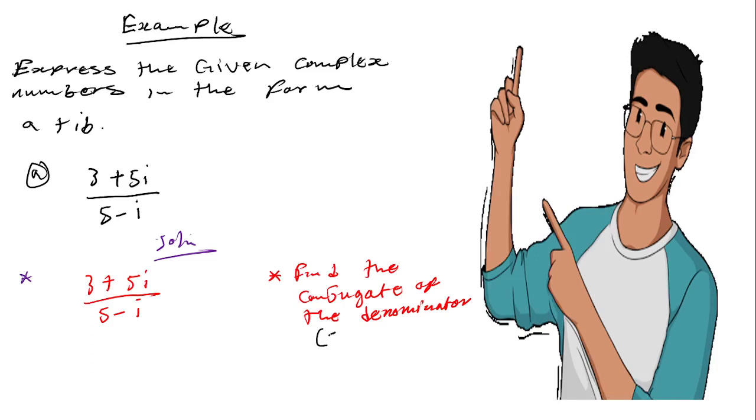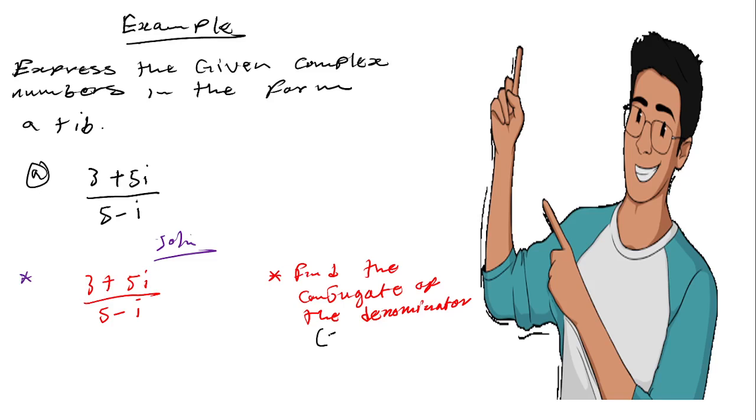Then the next step that you need to do is multiply both the numerator and denominator by the conjugate.